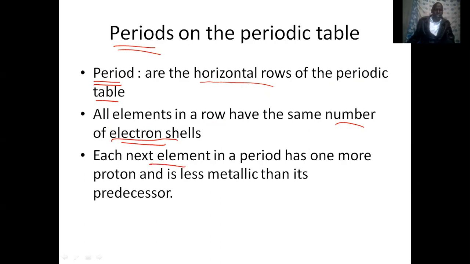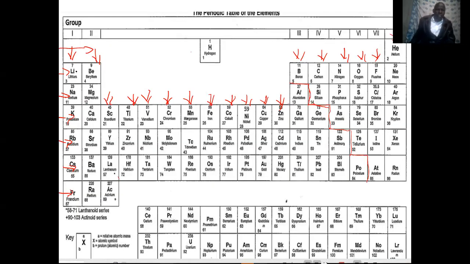And each element in a period differs by 1 proton. For example, we take period 2 here, where there is lithium. If you check here, the atomic number is 3. The next one is 4. Then the next one is 5. So it increases by 1 as we go from left to right.